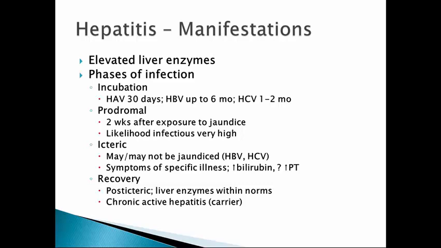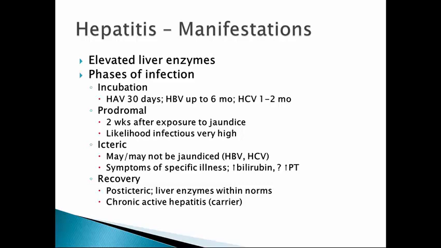The bilirubin may be elevated, and it's questionable whether or not their prothrombin time might be elevated. I wouldn't depend on that a lot because it's extremely variable. But during this icteric phase, the liver cells are being especially affected by the virus.